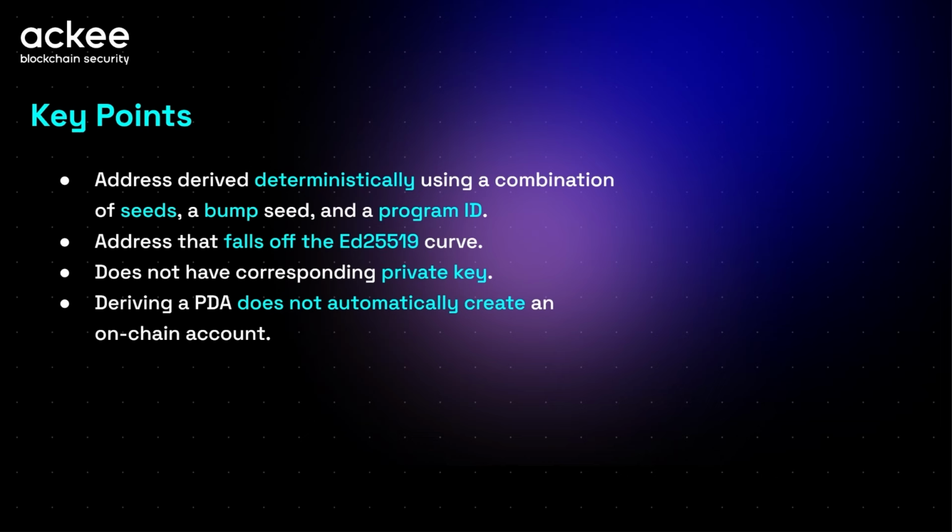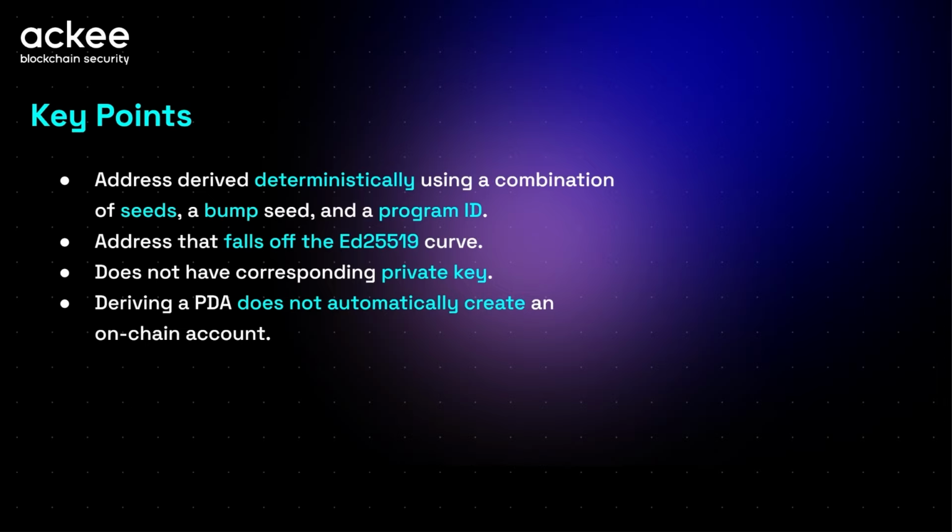So in order to store data or to create data accounts and also to keep track of all of the data accounts used within your Solana program, you would also need to store all of the public keys of the data accounts if you use the regular key pair.